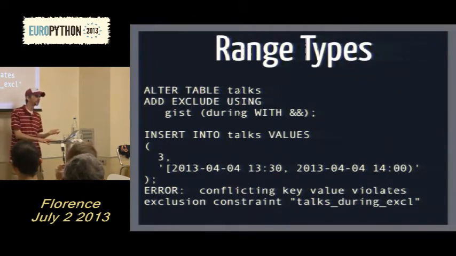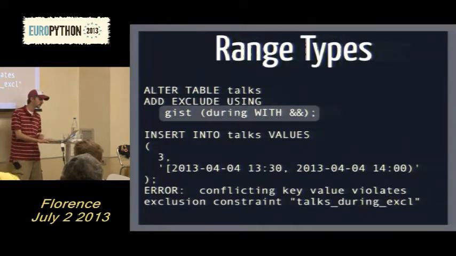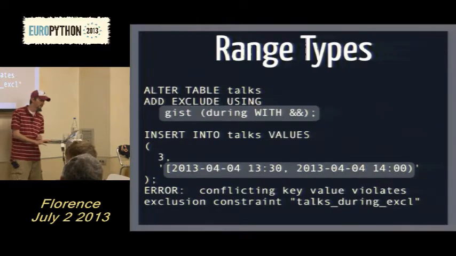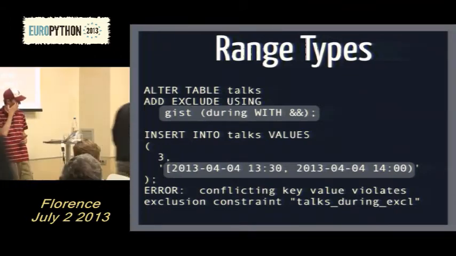But you're going to check if it's full. Then you're going to say it's not. OK, then someone can write. But you could actually have 2 people try to write at the same time, and the database isn't going to know how to handle this. So with a really basic constraint here, this can actually say, we can't have 2 people talking in the same room at the same time. So you've got your database enforcing constraints the same as your application.